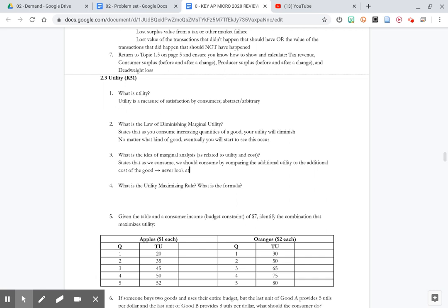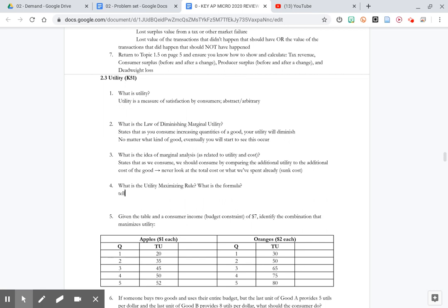Never look at the total of the amount of the good's cost or what we've spent already. That's called a sunk cost. But instead, we should compare. Well, if I want this 4th slice of pizza, it's going to cost me $3. Does the 4th slice really justify $3? I don't know, but the additional cost is 3. The additional utility is 3.